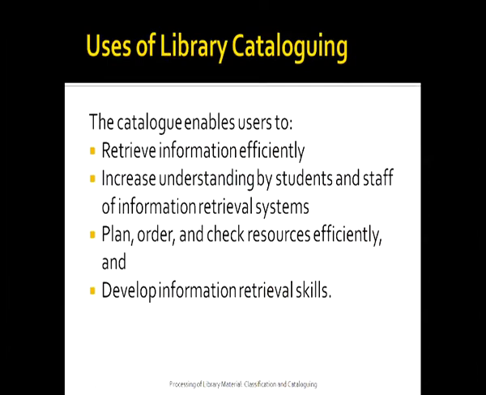There are several uses of library cataloging, because the library catalog enables users to retrieve information efficiently. It increases understanding by students and staff of information retrieval systems, plan, order and check resources efficiently, and develop information retrieval skills.